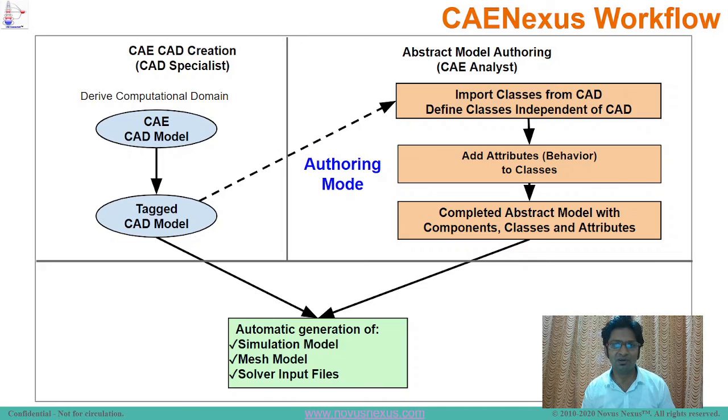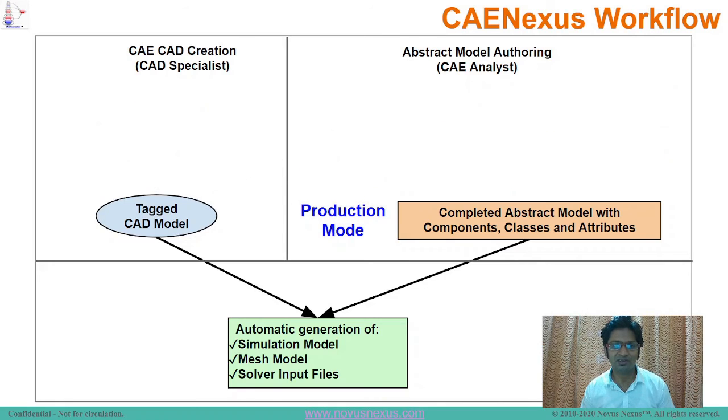This is authoring mode. Now once your abstract model file is standardized, then you can use the production mode where you just have to use your CAD model and the standardized abstract model file, and the rest everything will happen automatically. That is creation of your simulation model, mesh model, and the input deck creation.